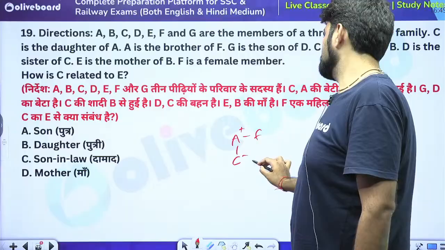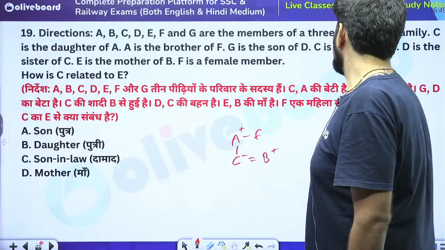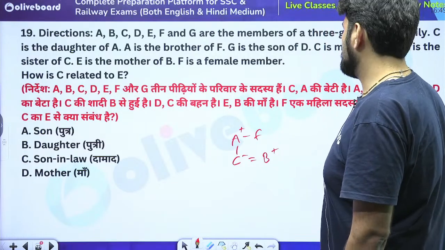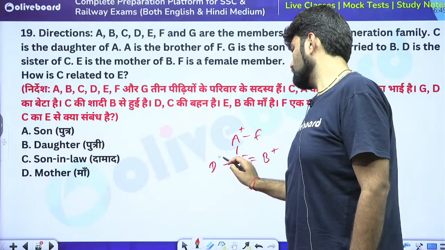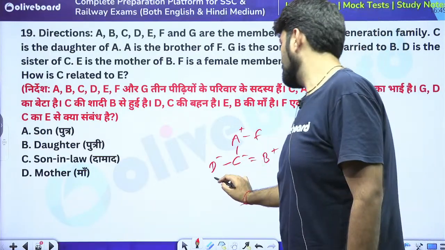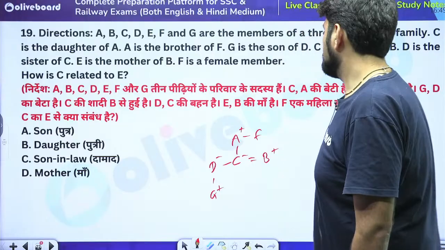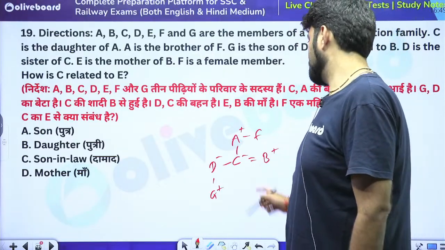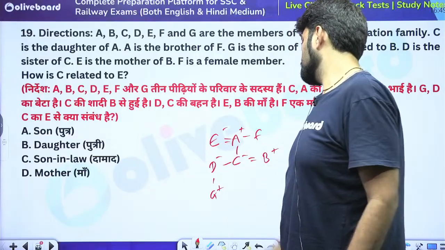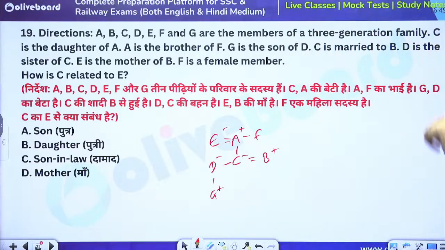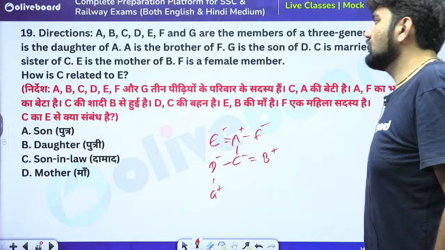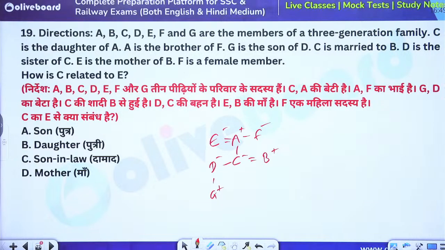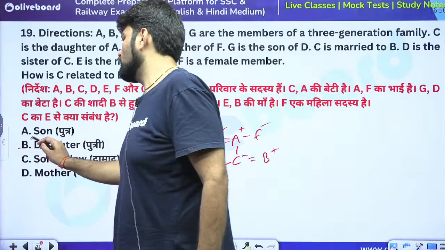C is married to B. D is the sister of C. And G is the son of D. E is the mother of B. F is a female member. How is C related to E? So what is she? Daughter? Easy question. Just that slightly they'll try to confuse you. That's it.